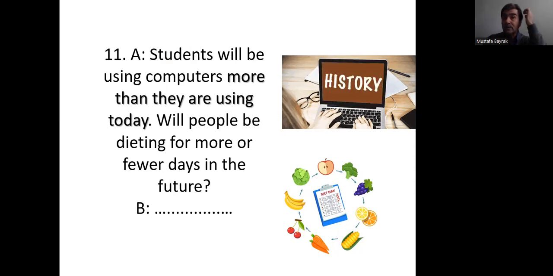Will people be dieting for more or fewer days in the future? I am sure people will be dieting fewer days in the future.